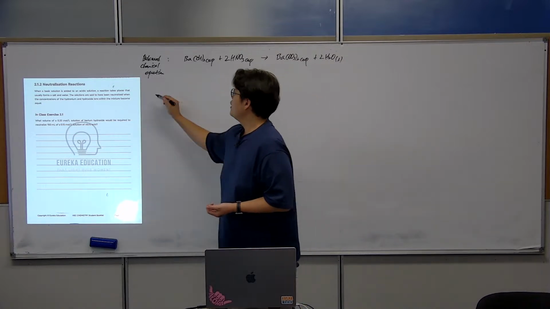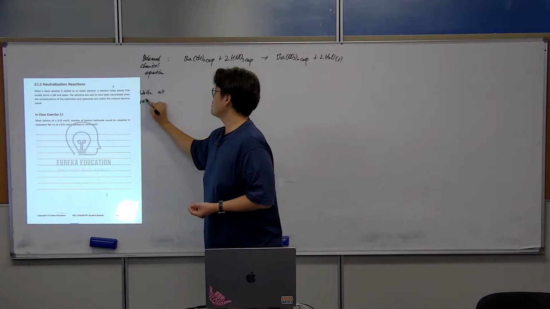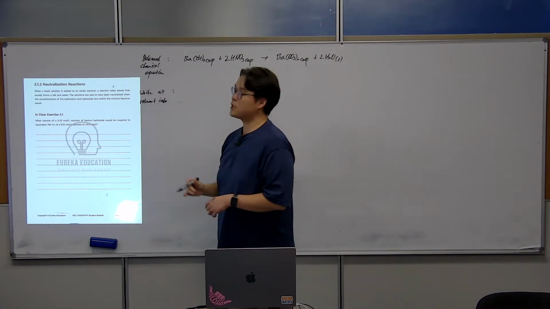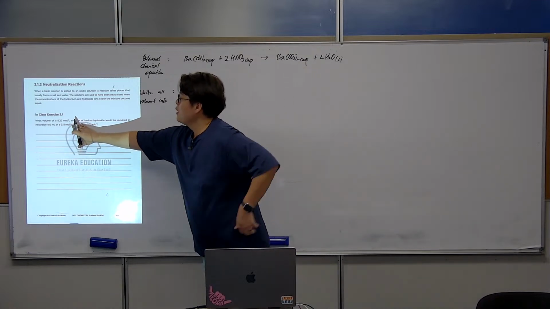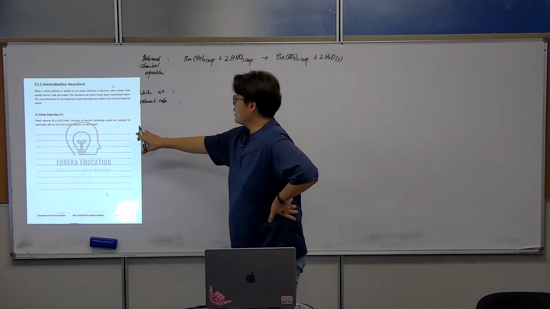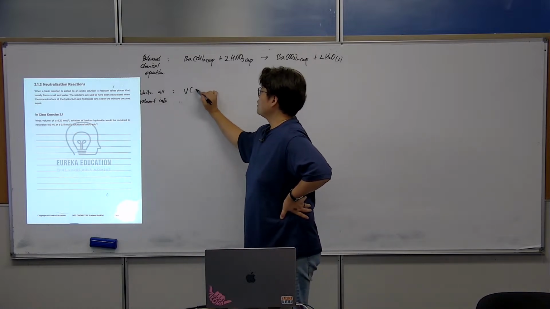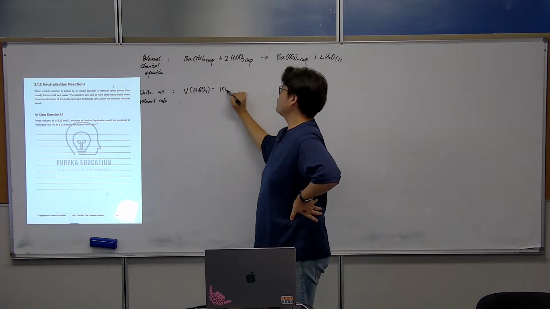Then write down all the relevant information, or summarize it if you need to. We are given 150 mL of the nitric acid. So the volume of the nitric acid, HNO3, is 150 milliliters.